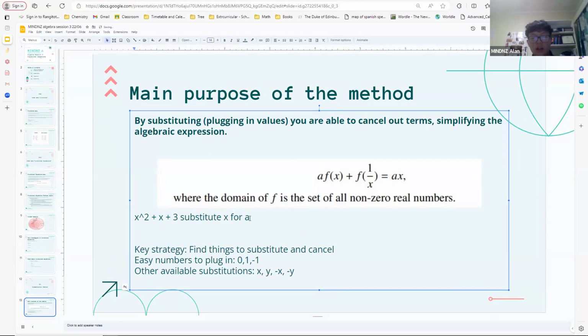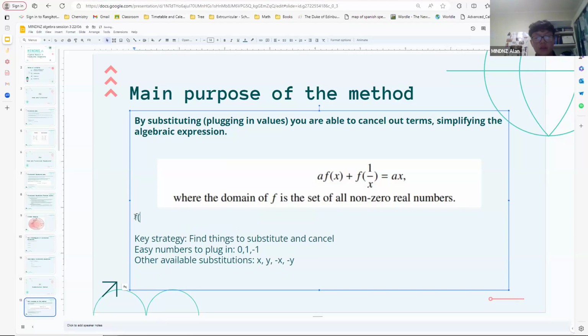It will turn into a squared plus a plus 3, right? Similarly, for functional equations, if you have f of x equals x plus 3, if we plug in x equals 2, we have f of 2 equals 2 plus 3 equals 5.